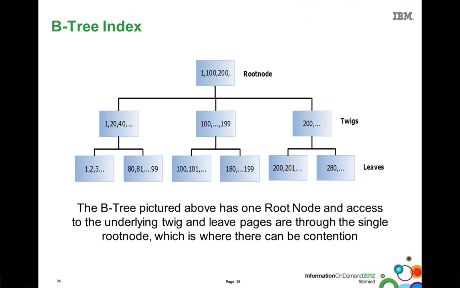Any time you access an index, you will always be going through the root node and finding out where to go. If you have many, many users all accessing the index at the same time, even in read-only mode, just the act of accessing that single page with all these multi-core, multi-node, cache level 1, cache level 2, NUMA architectures creates contention.